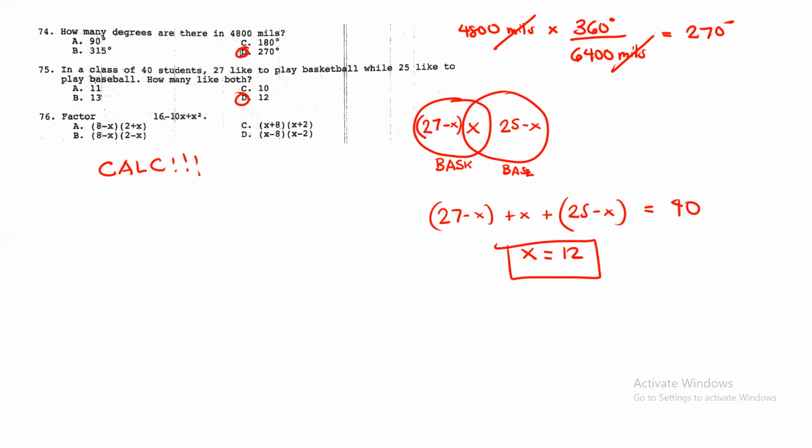So try natin B. So 16 minus 10x plus x squared. So anong gusto nating number? Calc at square root ng 2. So 16 minus 10 times square root ng 2 plus square root ng 2 squared. So ilan to?